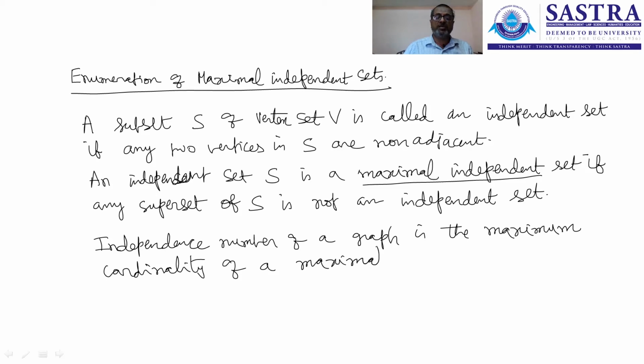Of course you would have seen that the independence number and the vertex covering number are complements of each other. When I add those two numbers, I get the total number of vertices, or the order of the graph G. So here we have defined what is an independent set and what is a maximal independent set.